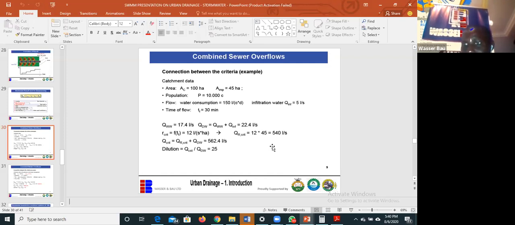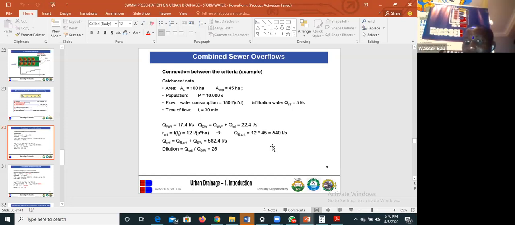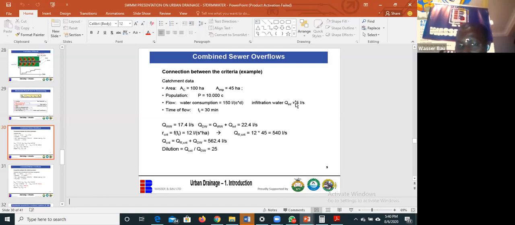Yes, it's an experience, especially when you have difficult terrain. So the standard says you provide a certain factor of water to take care of that. It's just a factor of safety. That's how we move from 17.4 to 22.5 by adding 5. It's always there in engineering. In every aspect of engineering, you always add one or two things to make up for unforeseen circumstances.